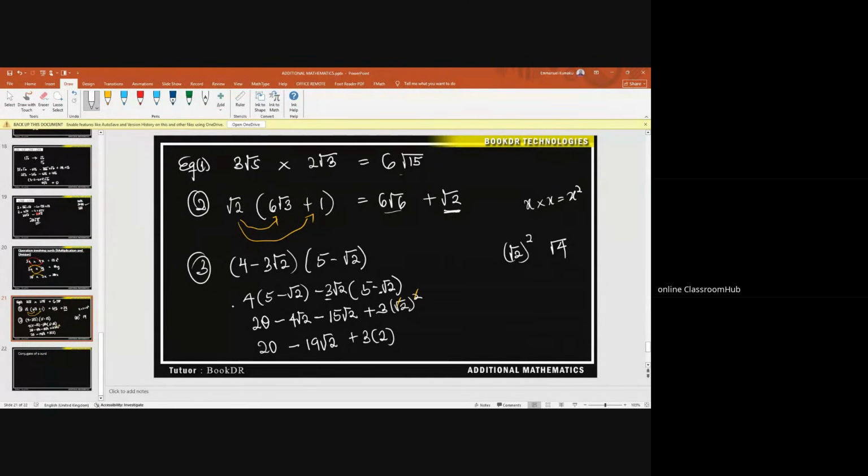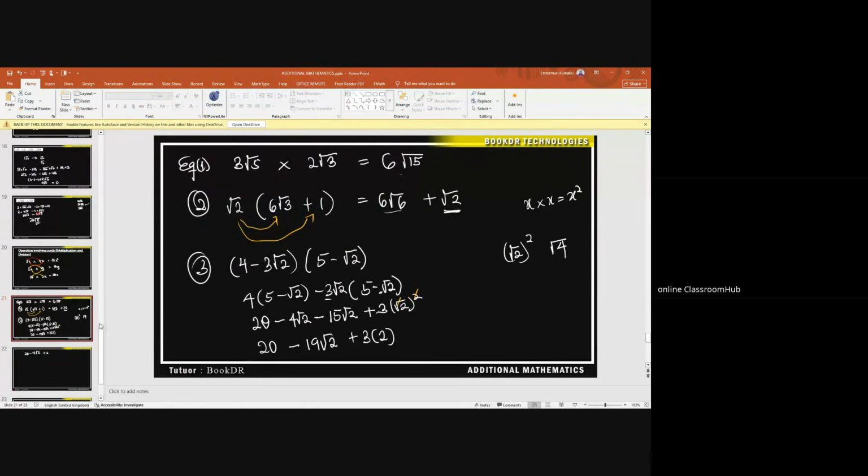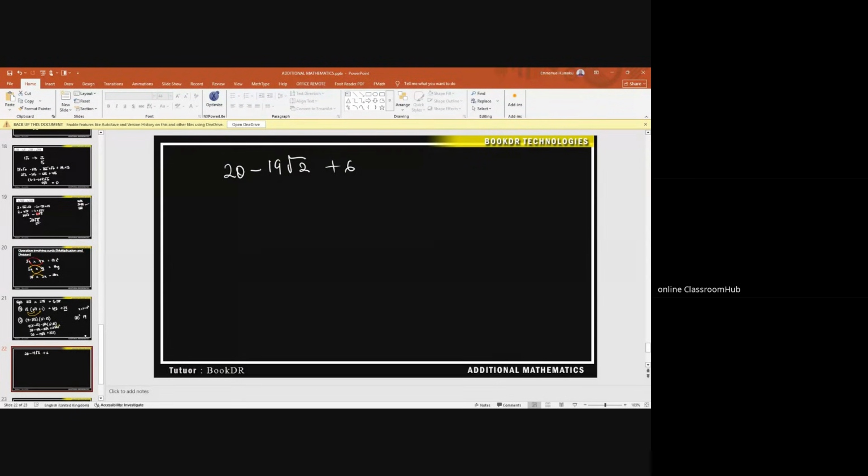Good. So let's continue. We are going to have 20 minus 19 root 2, then plus 6. The 6 is coming from the product of 3 and 2 over here. Since this is a whole number standing on its own, and this is also a whole number standing on its own, we can join them together to form 26. That's 20 plus 6 minus 19 root 2.